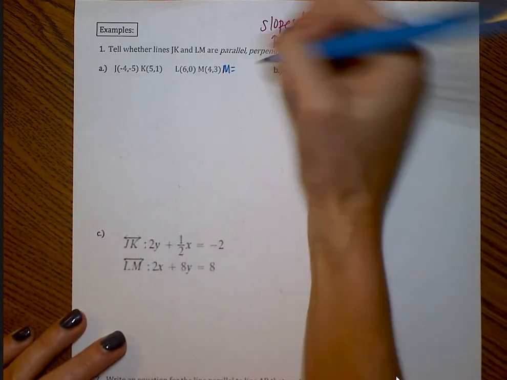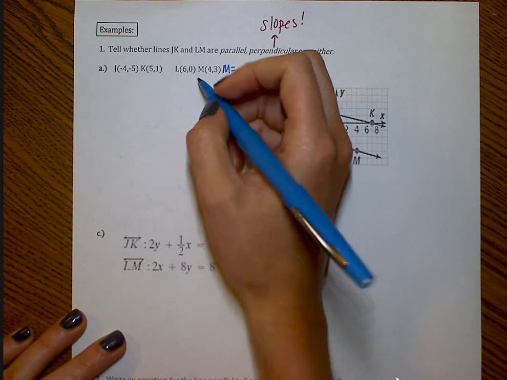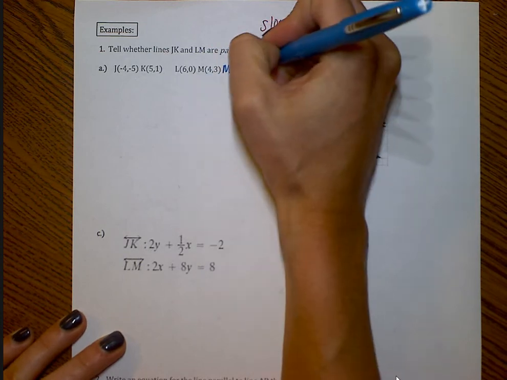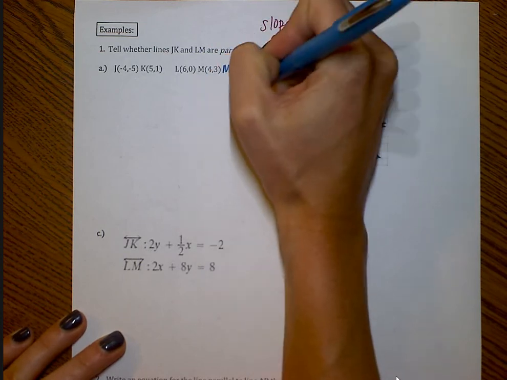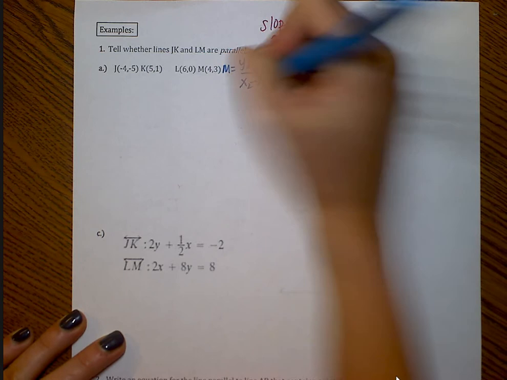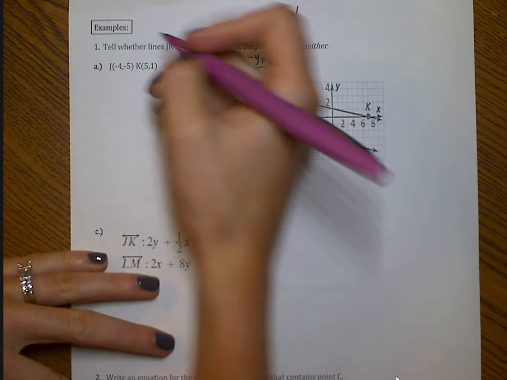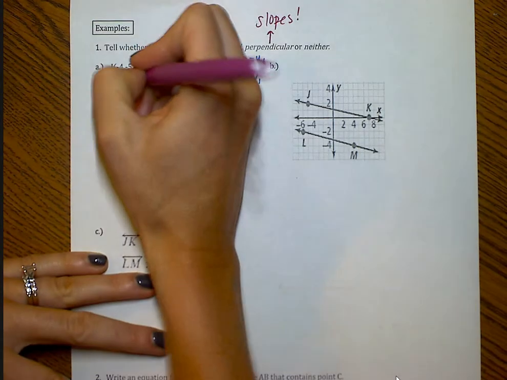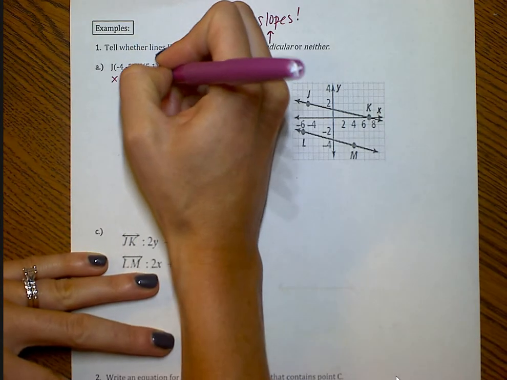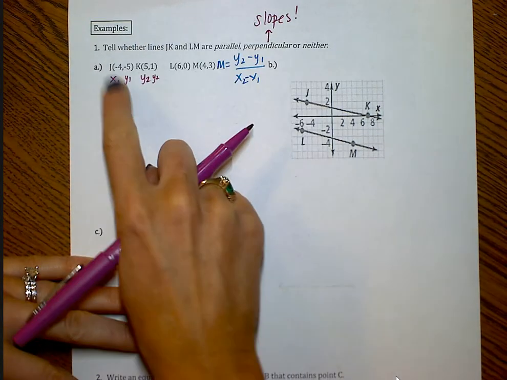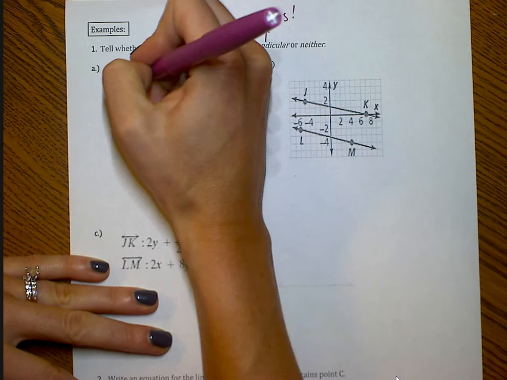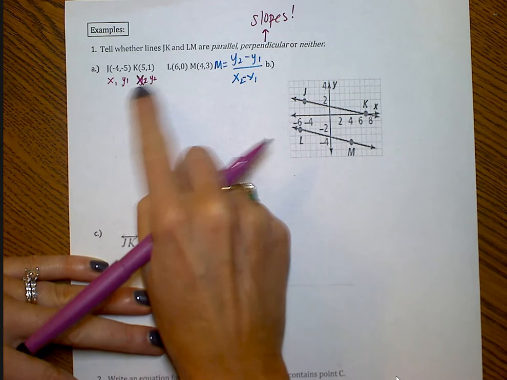Now, to find the slope between 2 points, remember you have to use that formula we looked at last week. y2 minus y1 over x2 minus x1. So I need to do that twice. So for JK, I'm going to label the ordered pairs. x1, y1, x2, y2.